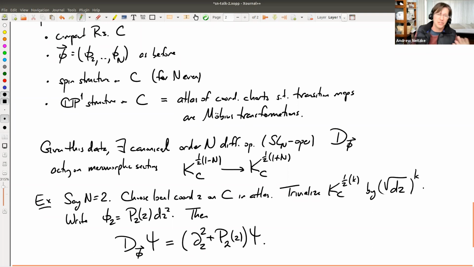So it's literally just the most obvious second order operator, d by dz squared plus multiplication by some function. That's what it is in local patches. So this is a kind of meromorphic version of a Schrodinger operator.